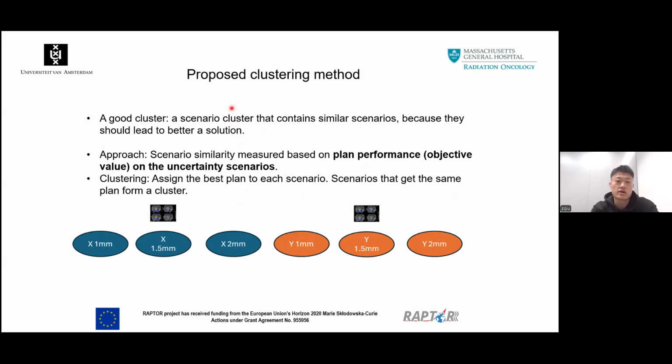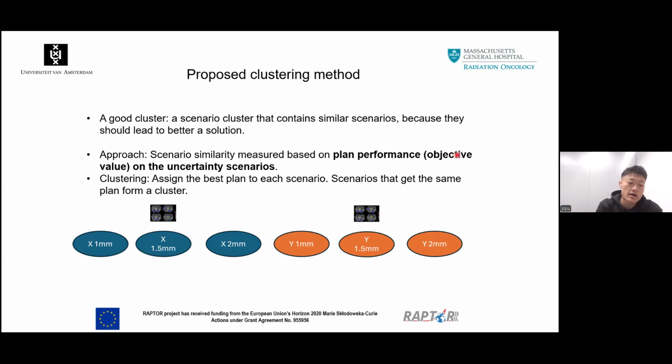So first, let's define what is a good cluster. For us, a good cluster is the cluster that contains similar scenarios so that we think they would lead to a better solution. And how do we measure the similarity between scenarios? We measure it based on plan performance, which is objective value on the uncertainty scenarios.